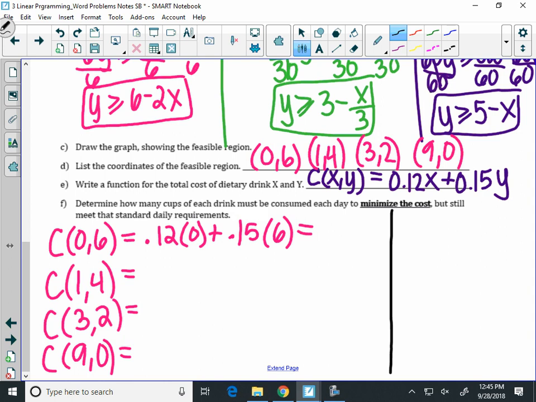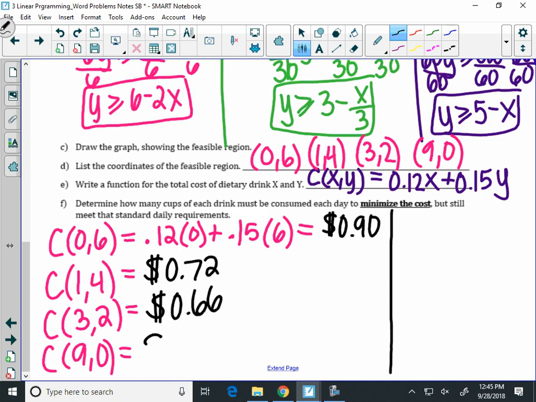As you're finishing up, what's the cost for 0, 6? 0.9. So that would be 90 cents. What's the cost for 1, 4? 72 cents. What's the cost for 3, 2? 66 cents. And 9, 0? $1 and how much? And 8 cents. You guys agree? Sure? Trust her.